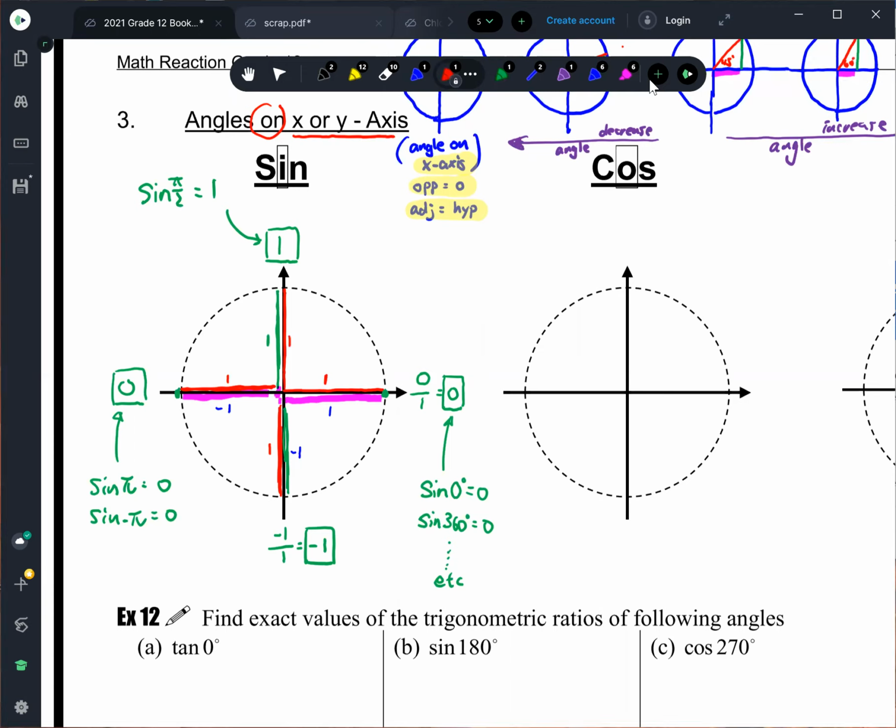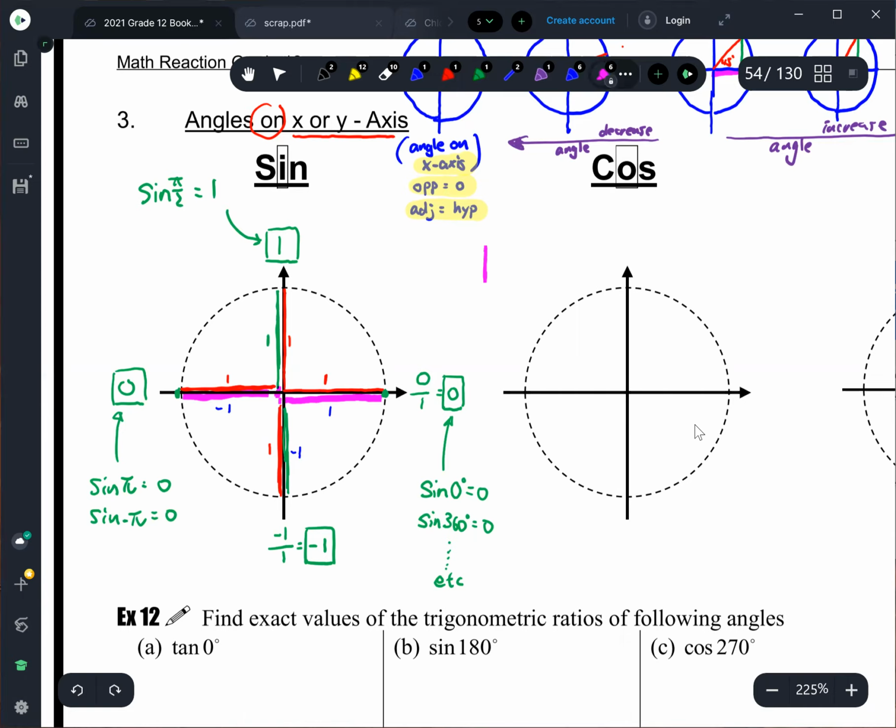All right, so what I would like you to try is to do the cosine by yourself. So I'm going to split the space here. Please do the cosine.